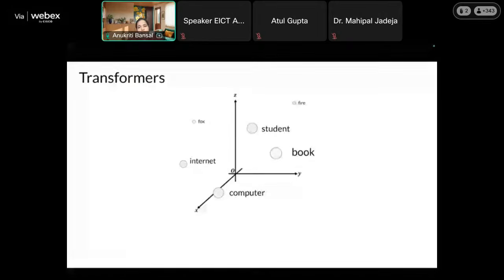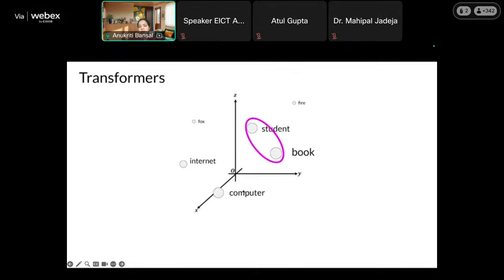So the words which are related to each other will appear close together. Suppose I'm just representing each token or word with a vector of length 3, so I can represent it in this three-coordinate system. If each word is represented by a vector of length 3, then the words which are close to each other will have a similar or closer appearance in the embedding space.